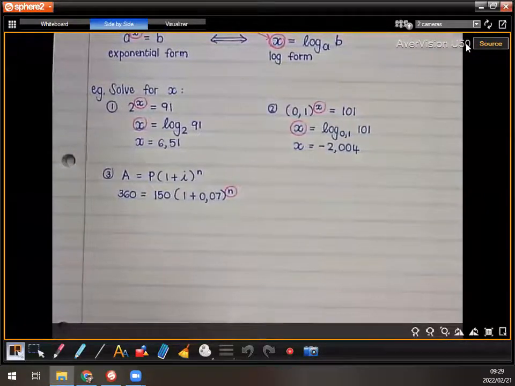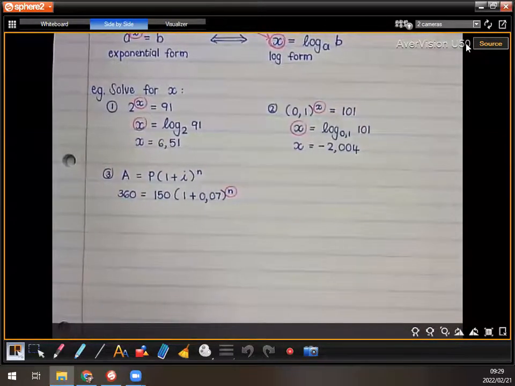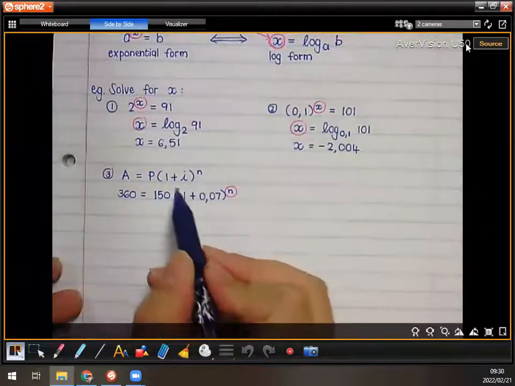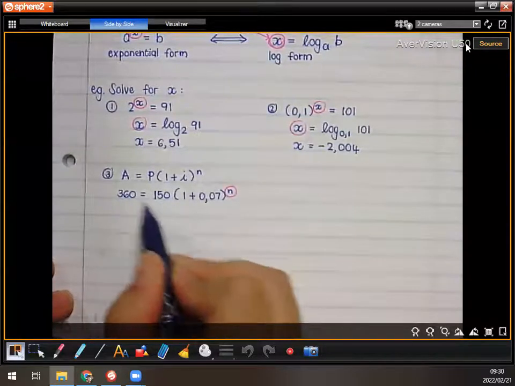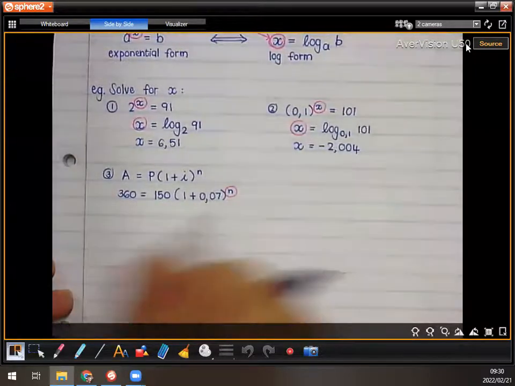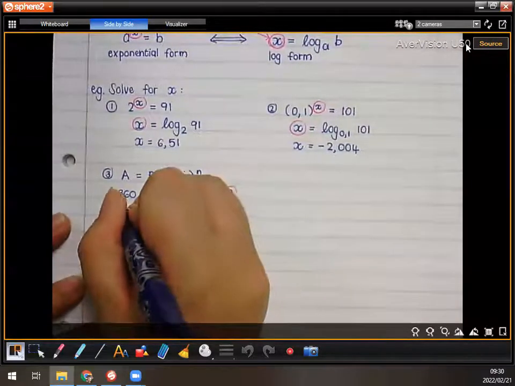All right, what do you think I'm going to do in this case? Am I going to just do log form straight away? I actually want to get it in this kind of form, right? Where I just have my bracket or whatever to the power of n equal to a number. All right, so that 150, I want to get rid of that. What am I going to do? And then move it to the other side, right? 360 divided by 150, let's see, 2,4.